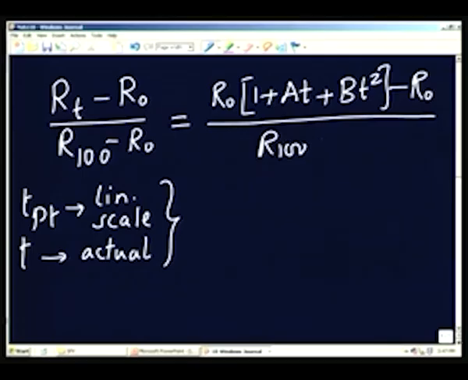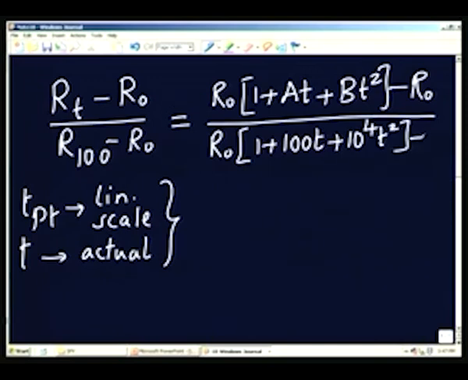In fact, I can do the following. I can write the R100 as R naught into 1 plus 100 A plus 10 to the power of 4 B minus R naught.